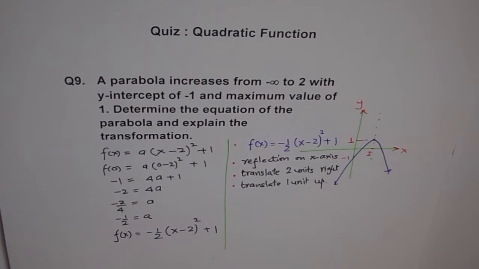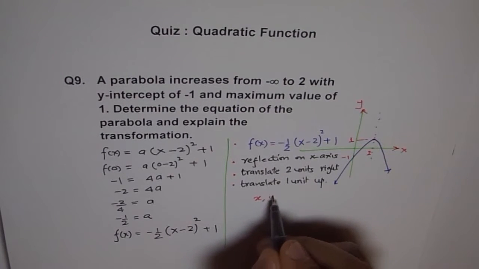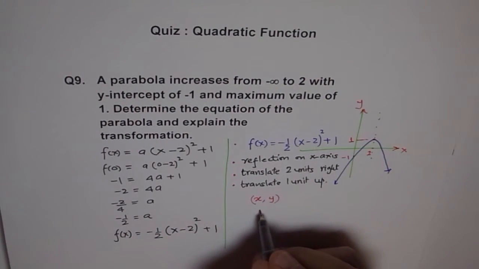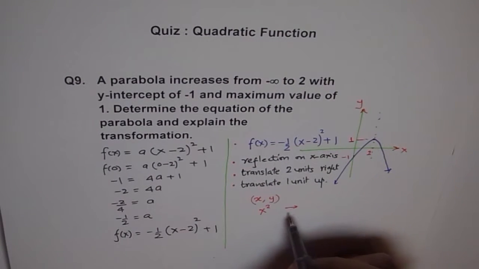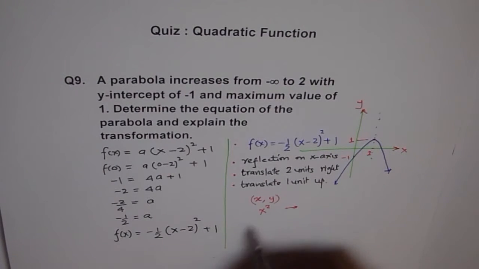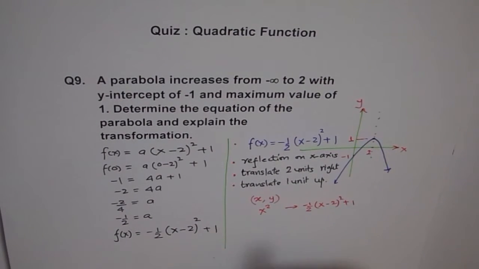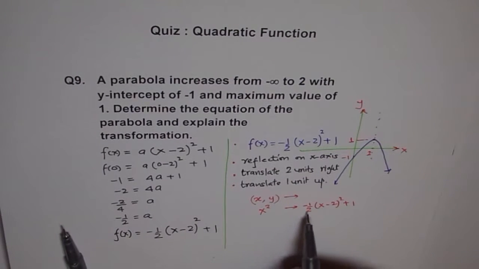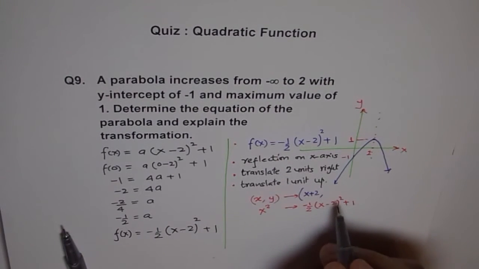It's good to know that if x and y are the original points on our function x squared, then for the image function minus half times x minus 2 whole squared plus 1, the x points become x plus 2, and the y points get multiplied by minus half and added to 1.